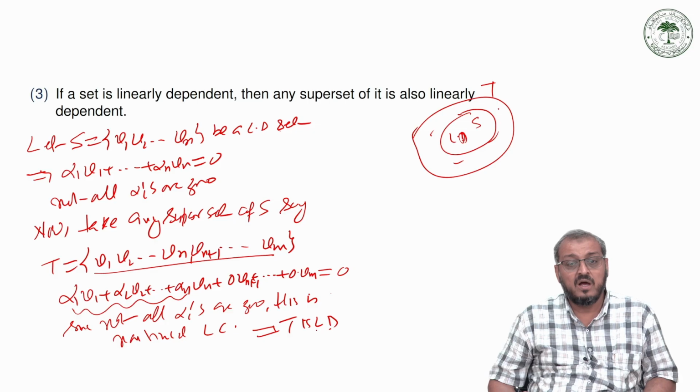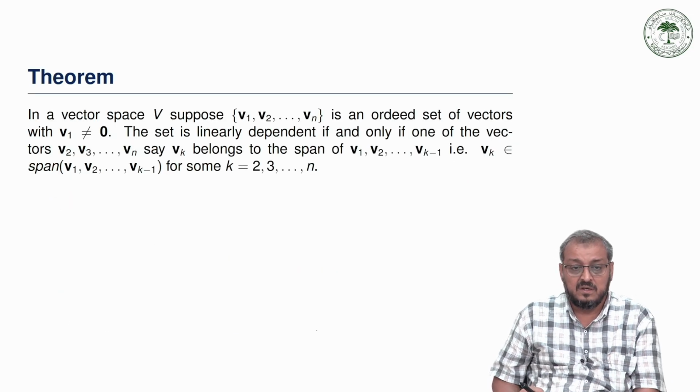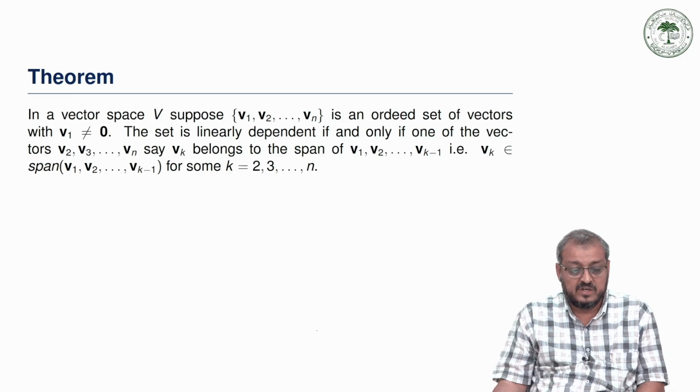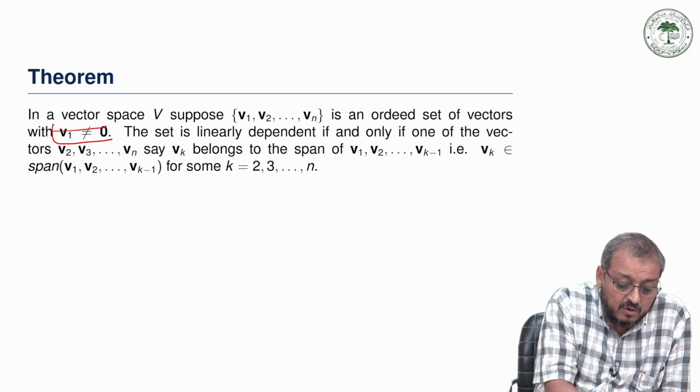Okay, now we take another theorem. This is a very important theorem. In a vector space V, assume that V1, V2, up to Vn is an ordered set of vectors, with the restriction that V1 should not be equal to 0.